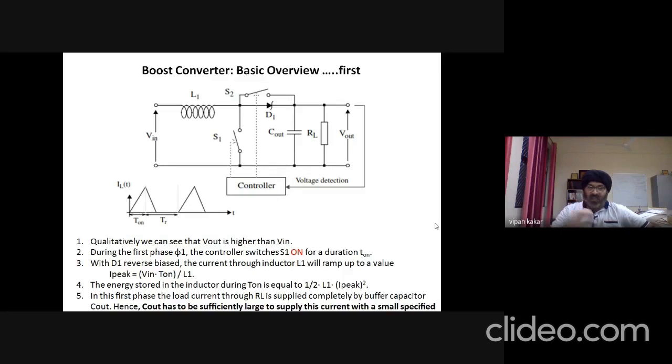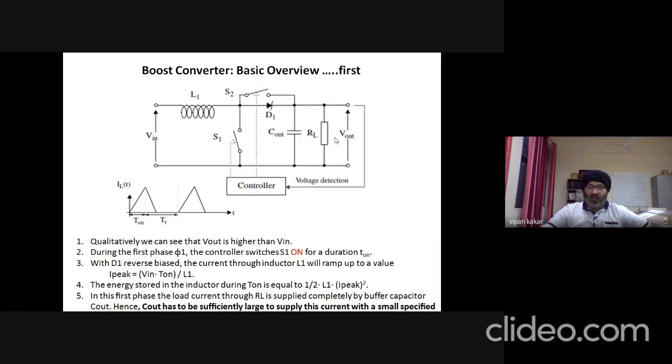Qualitatively, we can easily find out using this circuit of boost converter that this V out, which is the output voltage, is higher than V in, which is the input voltage to this converter.